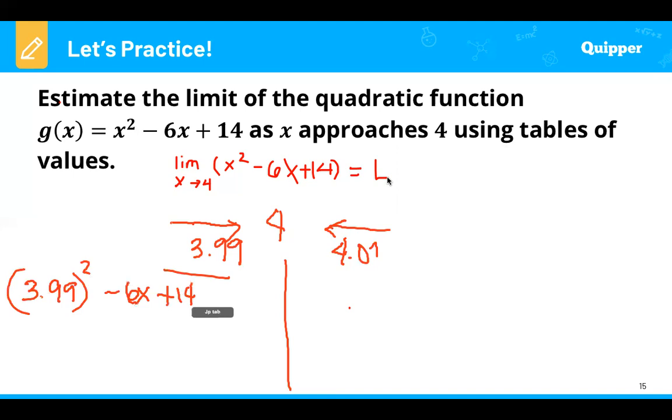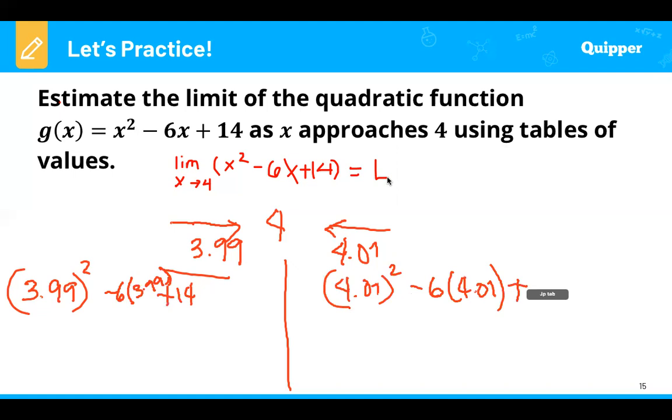And on the other side, we have 4.01 squared minus 6 times 4.01 plus 14.